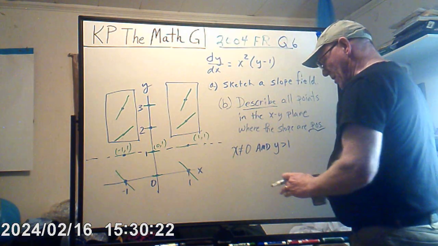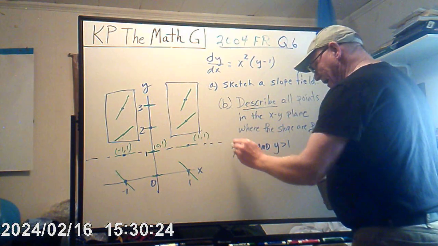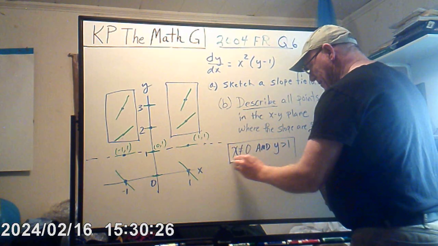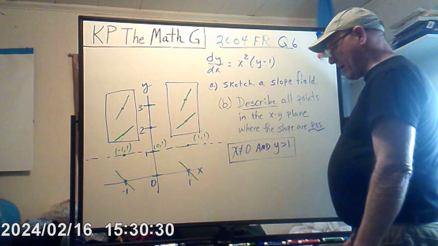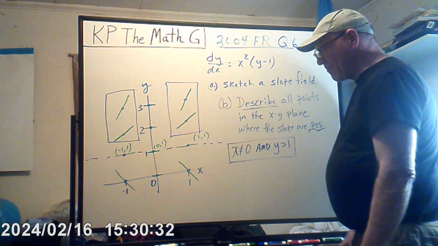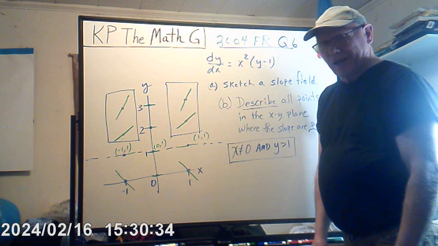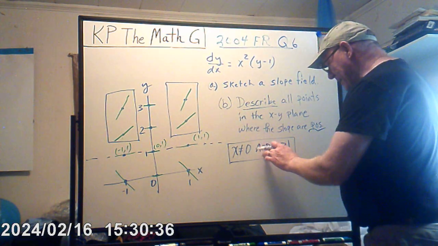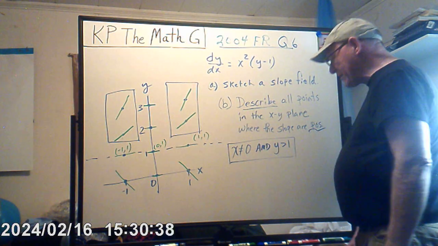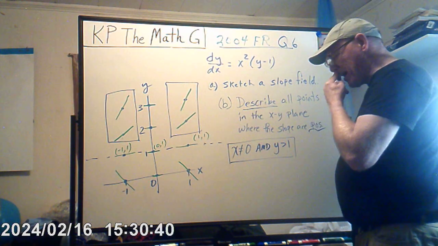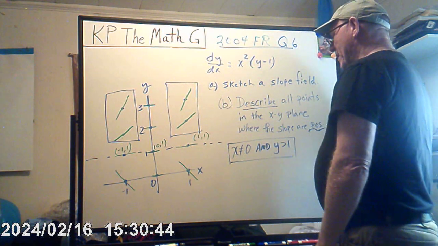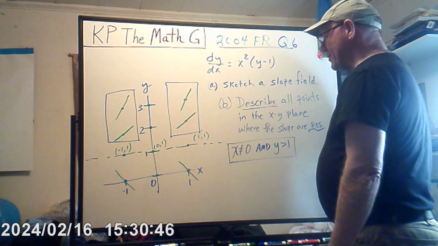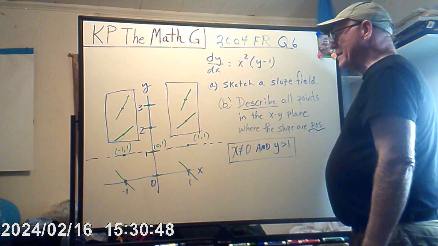So that would take care of these here. X is not equal to 0. That's one way to look at it. And you've got to include the and here, I'm sure. Y is greater than 1. That is really fairly simple.